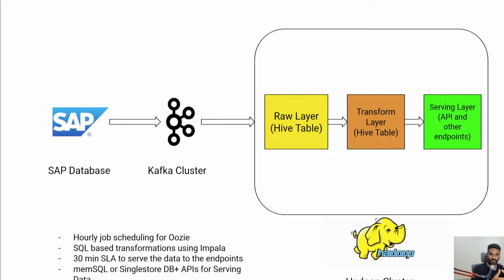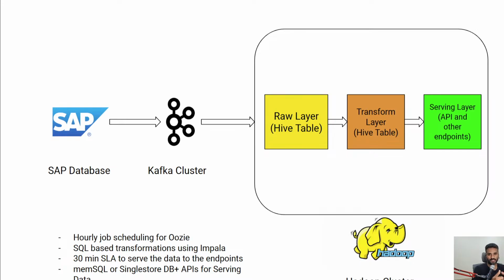In one of the projects where I worked, we had SAP as our primary source of data. Whenever a record is added, created, updated, or deleted, or even all the CRUD operations that happen on a database, an event would be fired. This is one of the common patterns where we see data streaming or CDC.